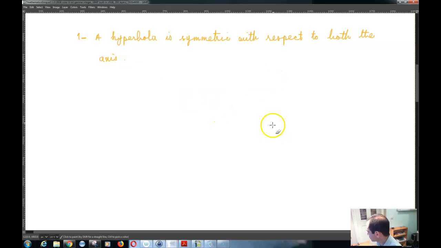And you know what that means is that, for example, if you have some hyperbola over here, imagine that I put the transverse axis along the x-axis and the conjugate axis along the y-axis, and if I did so, I would get something like this.